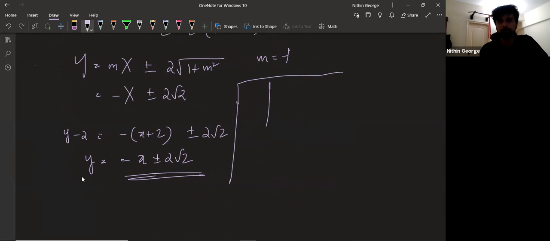Okay, so we have some circle at -2, 2. -2, 2 is not even in this quadrant. Okay, it's here. -2, 2, and slope of this line -1, m is equal to -1. Now, the tangential, the parametric form.